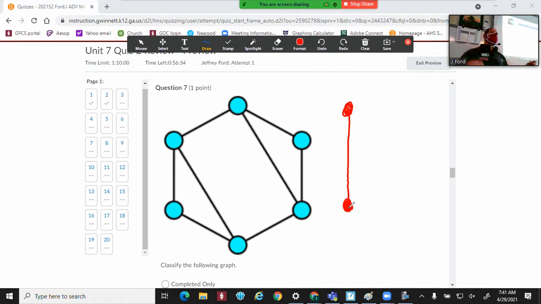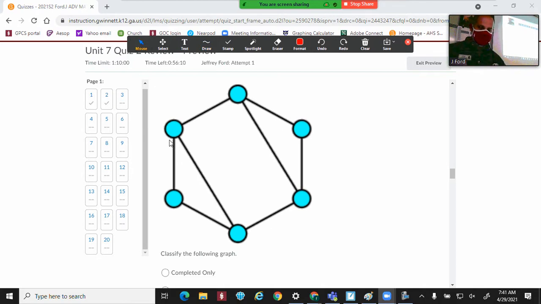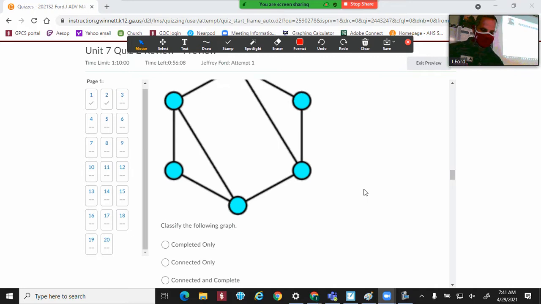This would be an example of neither, if you took into account that little red dog bone that I drew off to the side, because that little piece is not connected to the main body of the graph. But not to manipulate the graph, just looking at this graph, this would be considered complete only. I'm sorry, connected only. Sorry, I was speaking out of both sides of my mouth there.